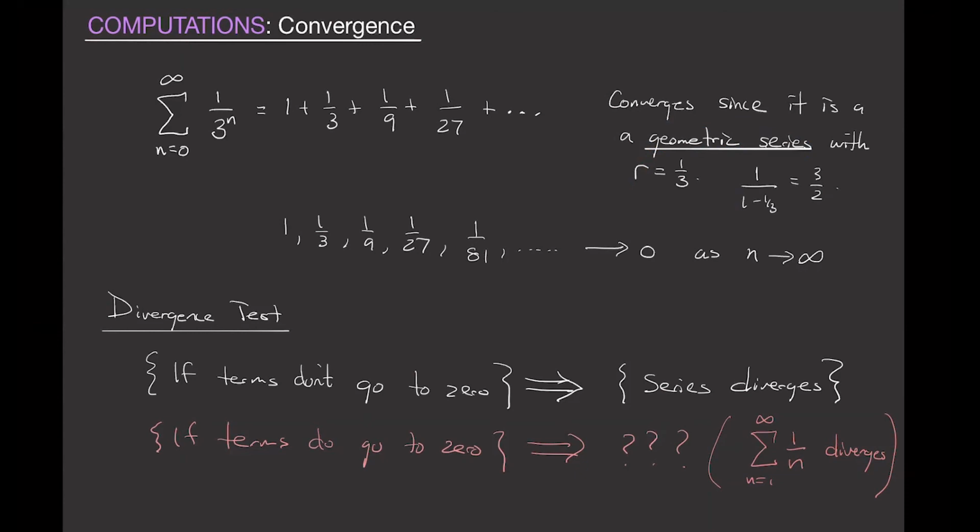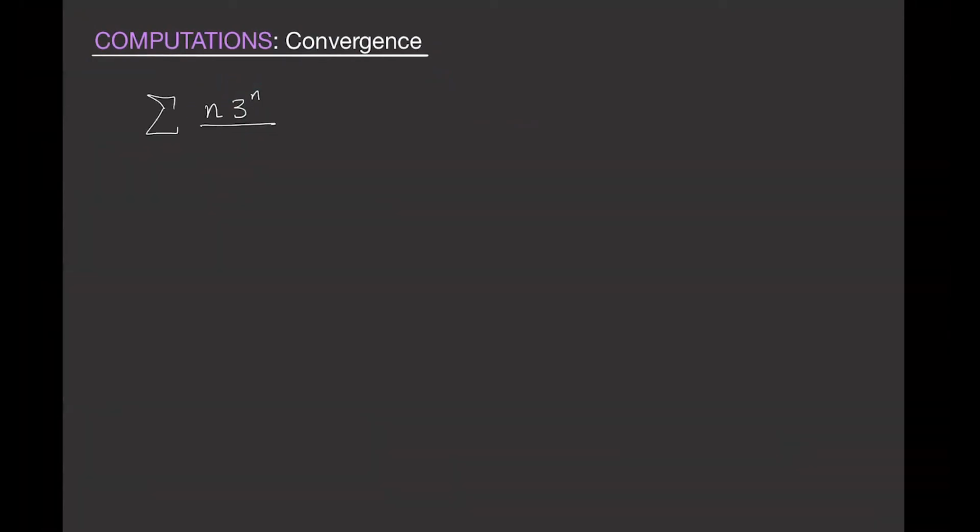All right, let's do maybe one more. And this might be a little bit harder, maybe not, but let's see. Let's say we're adding up 3 to the n times n divided by n plus 1, and we're taking n to be 1 out to infinity.